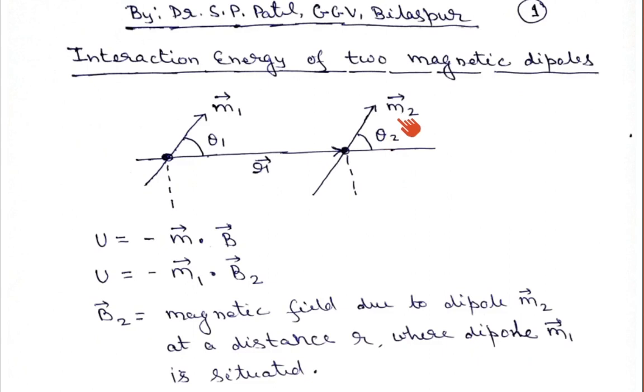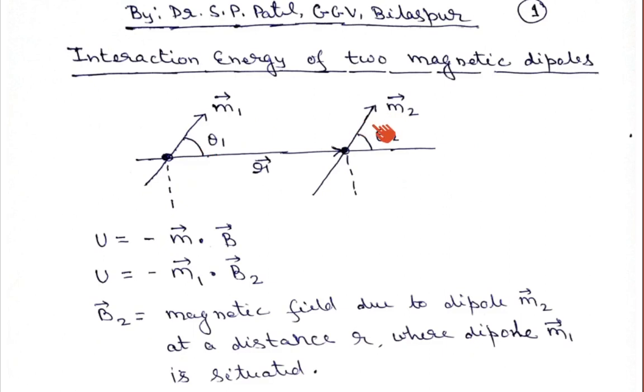They are situated at r distance, at an angle theta 1 and theta 2, and we have to calculate how much interaction energy will be there between these two dipoles.